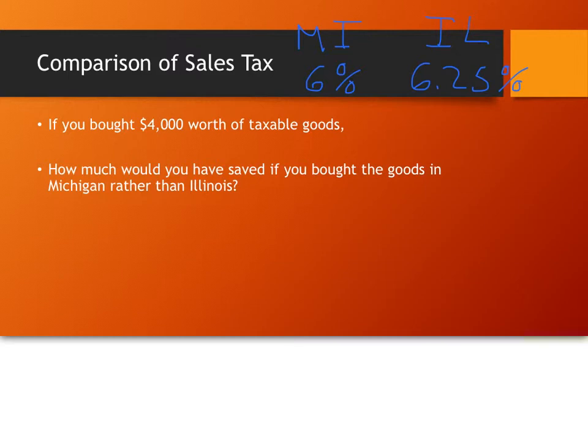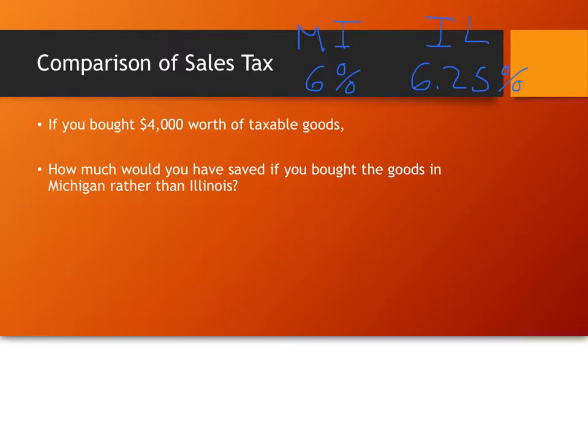So let's pretend I'm going to go buy a new car, and that car was all taxable in Michigan and taxable in Illinois. If the car is worth $4,000, or whatever the goods were worth $4,000, how much would I have saved if I had bought the car in Michigan versus I buy the car in some rural town in Illinois?